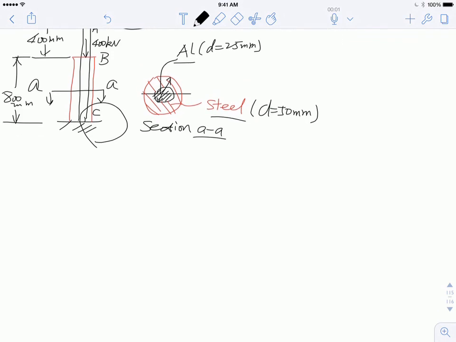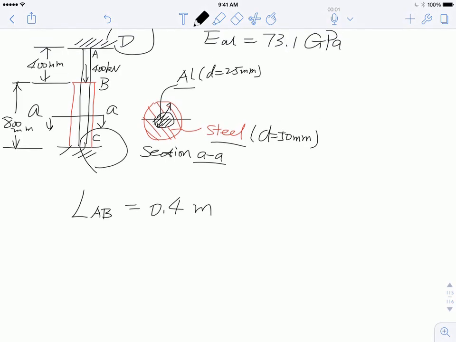First of all, let's lay out all these given conditions. L_AB is nothing but 0.4 meters, the length of AB. And A_AB, the cross-section area of AB, is nothing but pi r squared.